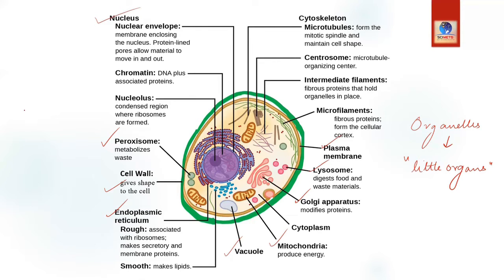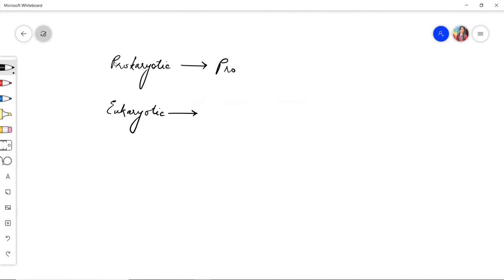Now, the cells containing proper membrane-bound organelles are known as eukaryotic cells. And those cells which lack proper membrane-bound organelles are known as prokaryotic cells. Pro means primitive, and karyon means nucleus.